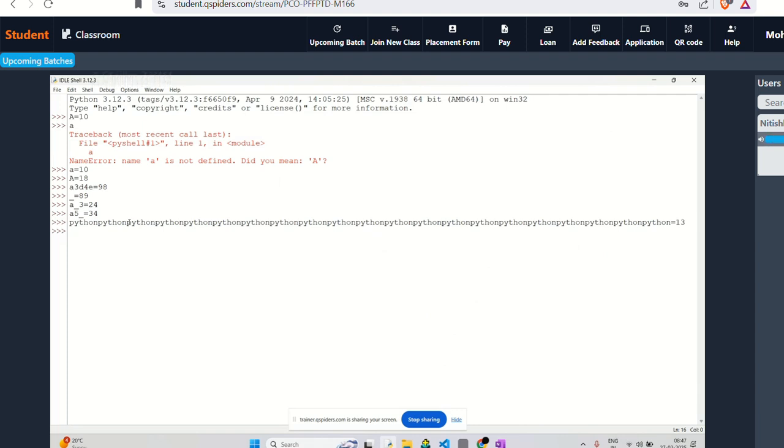It will not throw any error, but as it is a standard rule, we need to follow it. Understood?